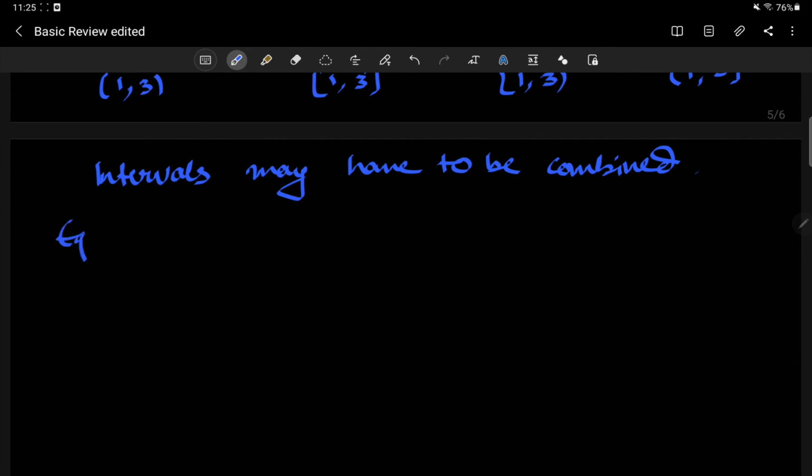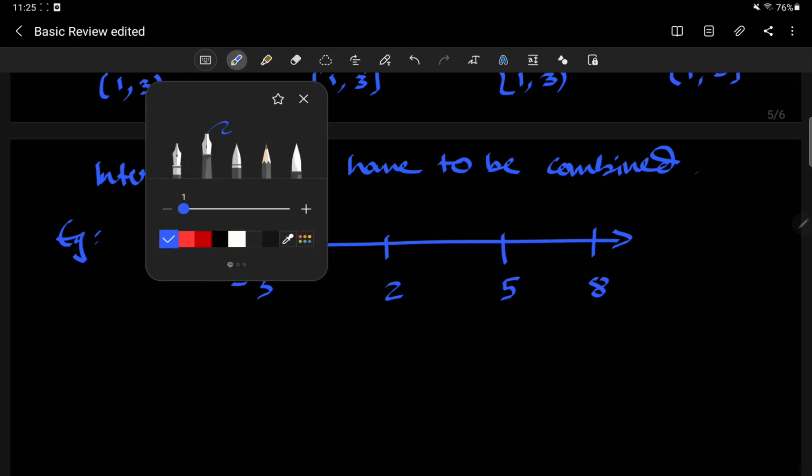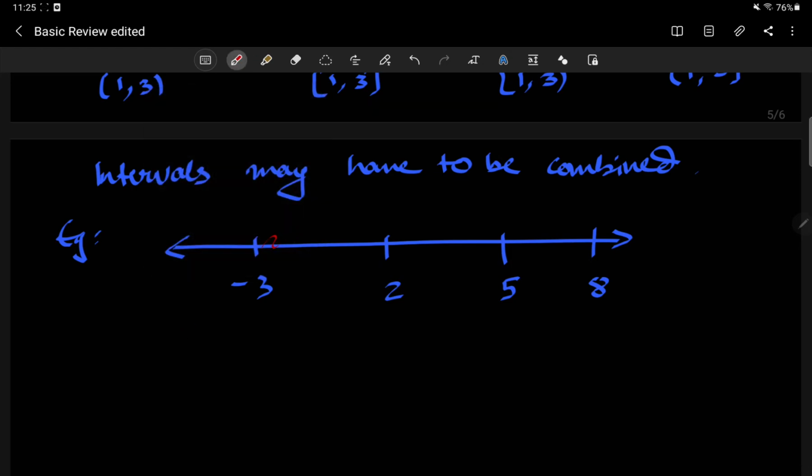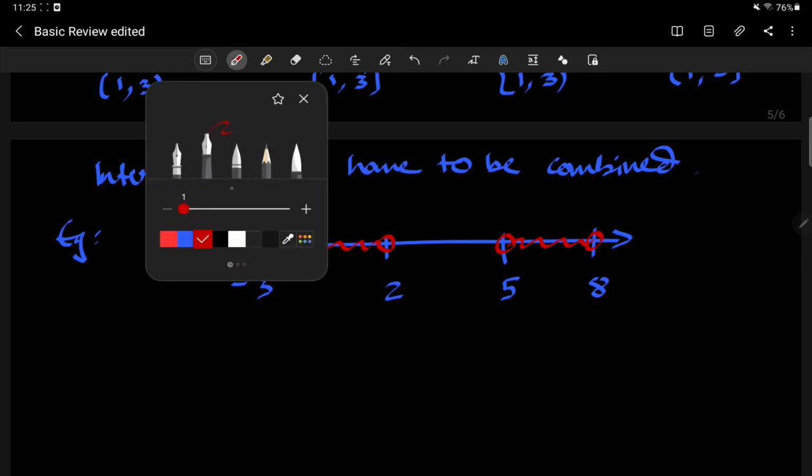Let's say, for example, on the number line, I have negative 3, and I have 2, and then I have 5, and I have 8. And let's say you solve a problem and you end up with your result being from negative 3 to 2 and from 5 to 8. So how do you write this in interval notation?